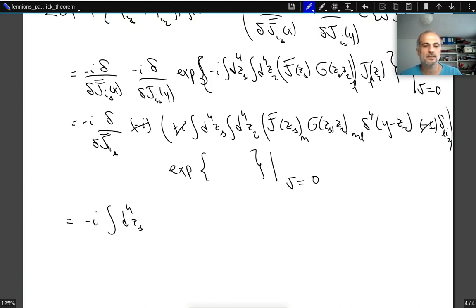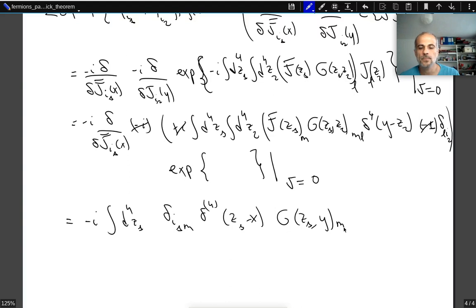Now if I take the functional derivative of this j of z1 with respect to this, I get a Kronecker delta i1m, this one over here. Then there is a four-dimensional Dirac delta of z1 and x, and I have z1 of y, because I took the z2 integral using this Dirac delta, and I have the mi2 component of this one because I summed over l using this Kronecker delta.